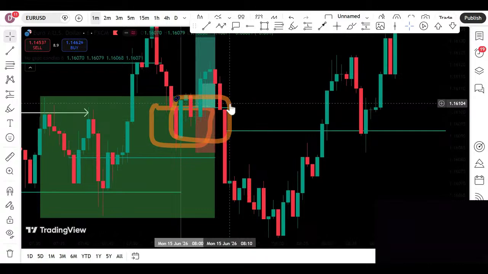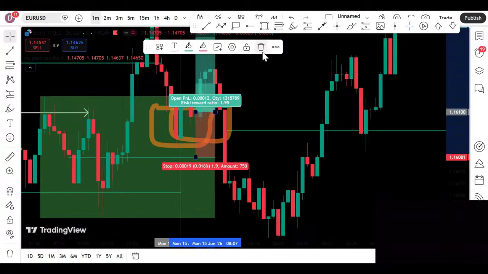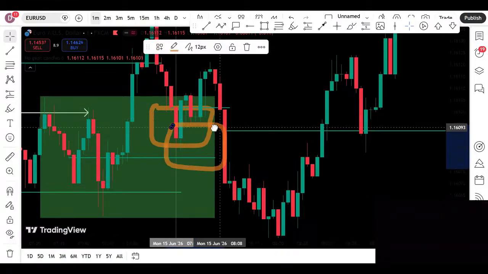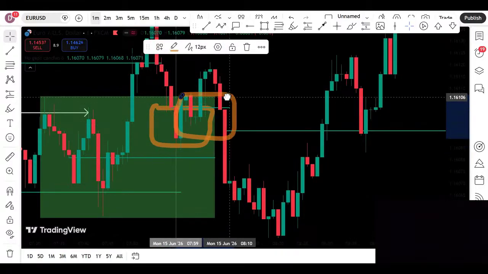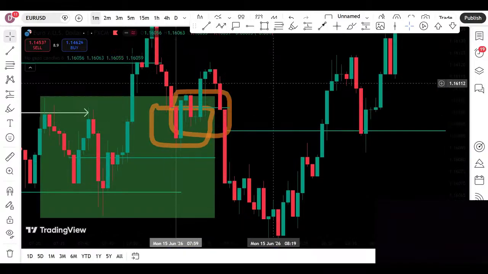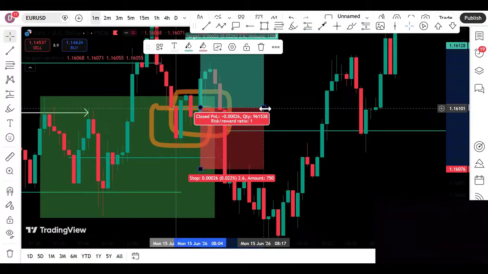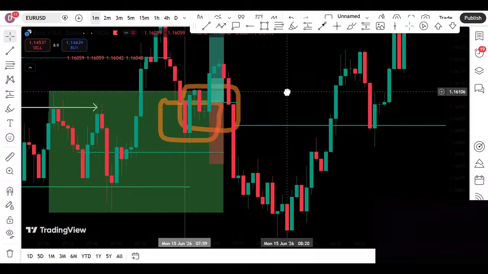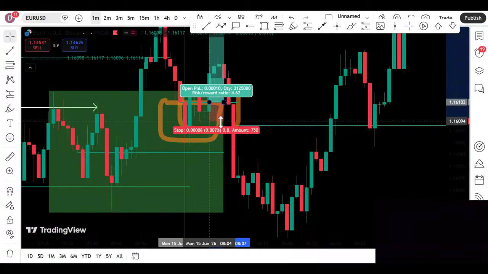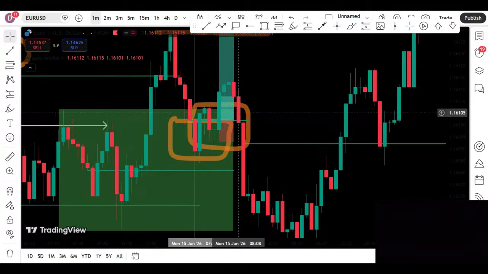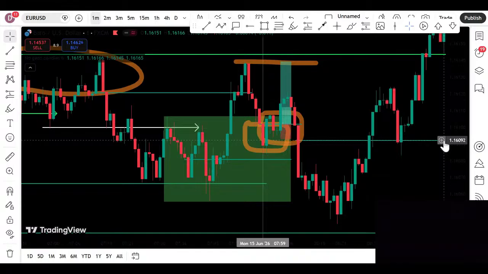So what actually this would have meant is, see that I had a body closure here, here, yeah, here. So taking that trade from here, and maybe to that high, my stop loss being here, because these are a flip on this time frame and that's a flip on this time frame.